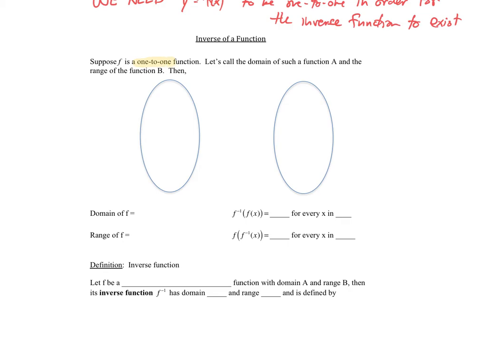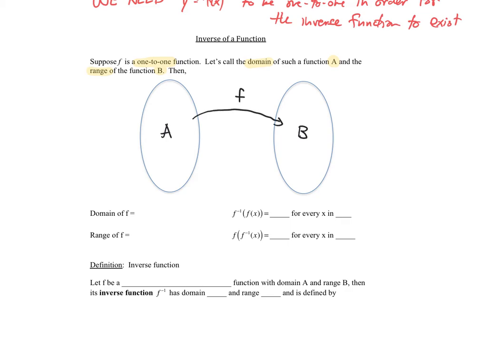And let's call the domain of our original function A, and the range of the original function B. So I want to label that in my picture over here. This set over here will be A, that's the domain, and this set on the right is going to be B, and f is mapping from A to B like this.